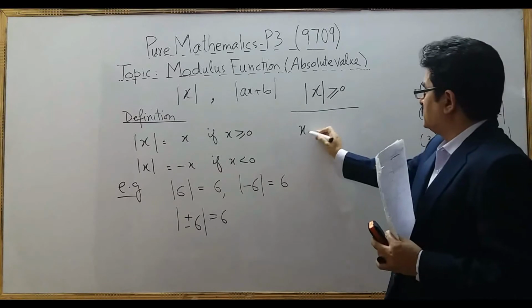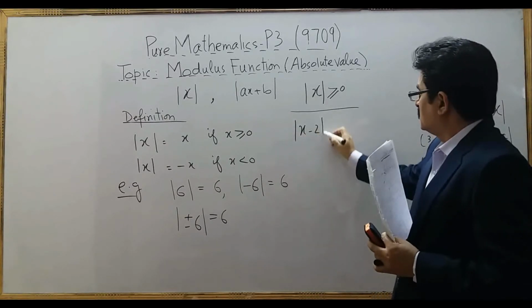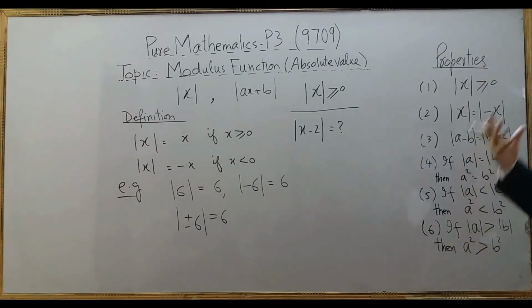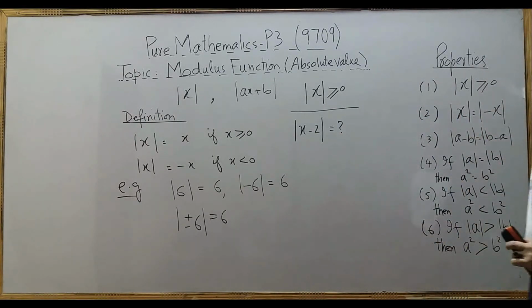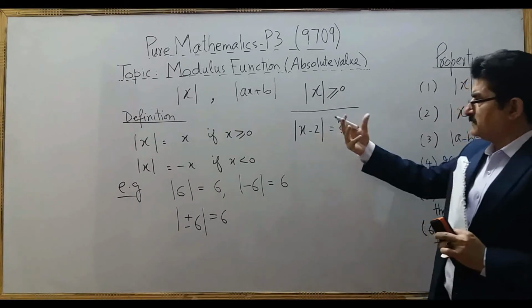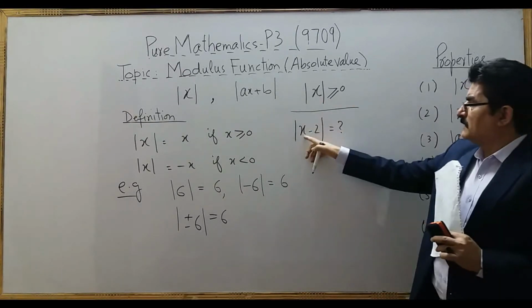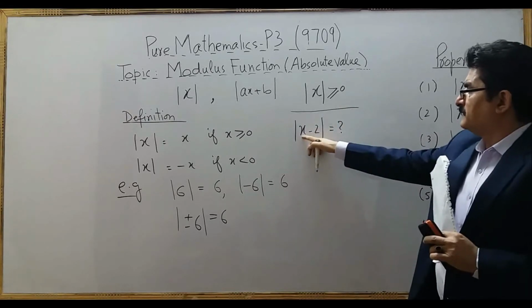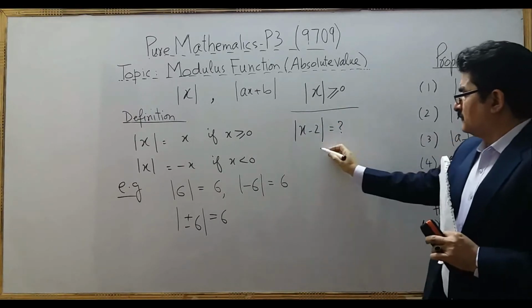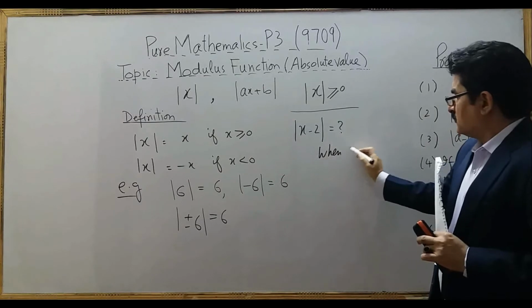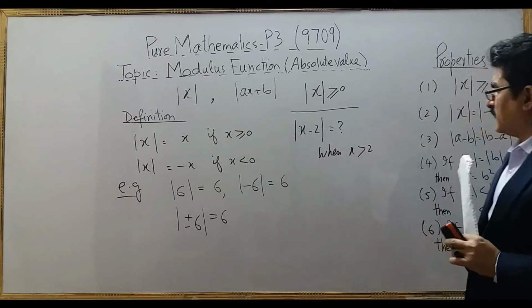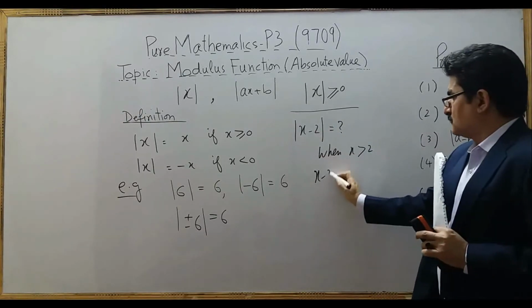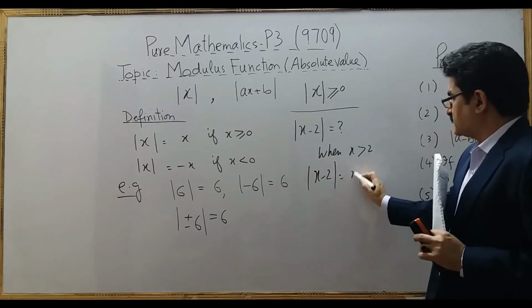Now similarly, see another example. What will be the value of x minus 2 mod for different values of x? Firstly, apply simple algebra. You put in values. For example, you put values greater than 2: 3, 4, 5.